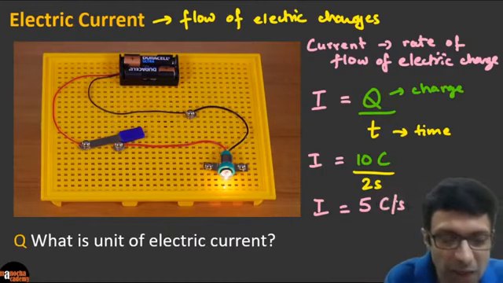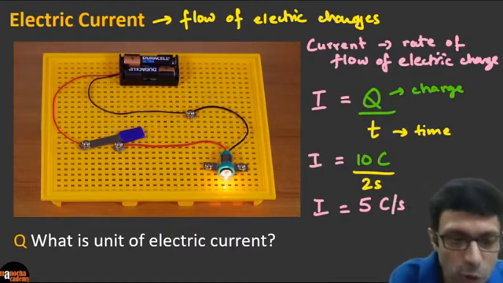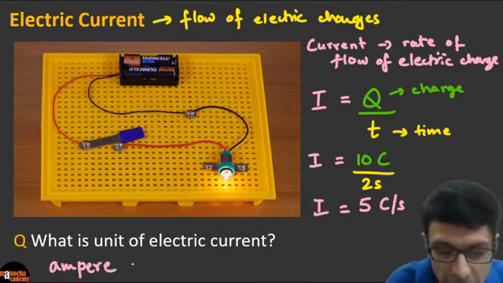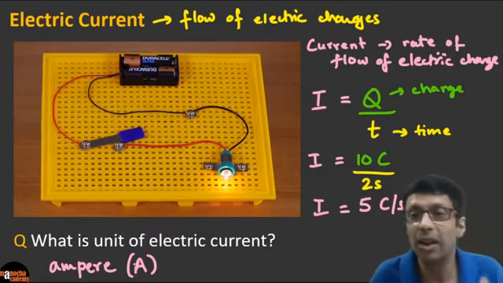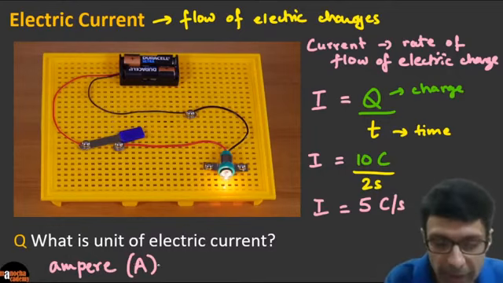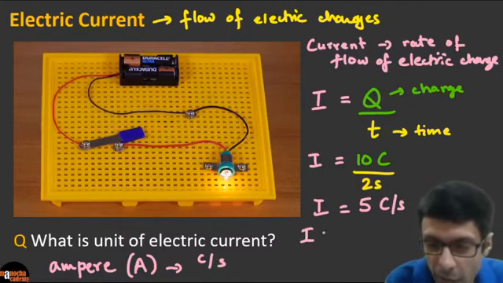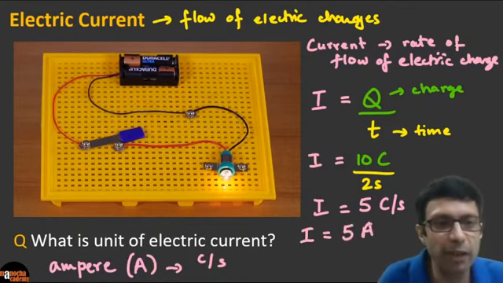You already have the answer to this question. What is the unit of current? It's ampere. You must have heard of this in your daily lives: 5 ampere current, 10 ampere. Ampere is nothing but coulomb per second. So coulomb per second has the symbol of ampere, and we can write the current flowing here is 5 ampere. Very simple formula. You just divide the charge flowing by the time. So 10 coulomb by 2 seconds is going to be 5 ampere.